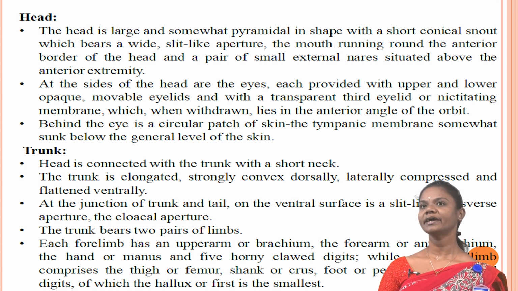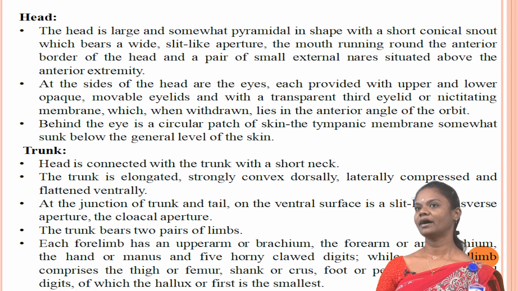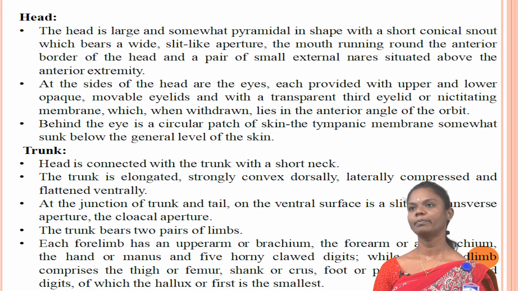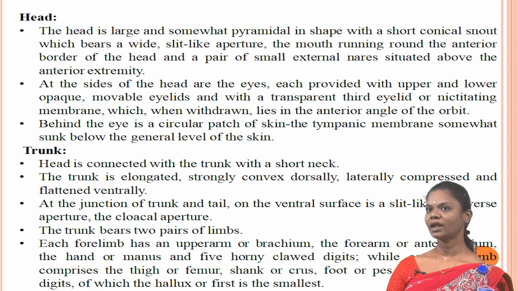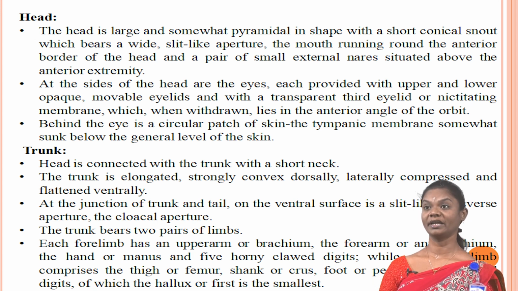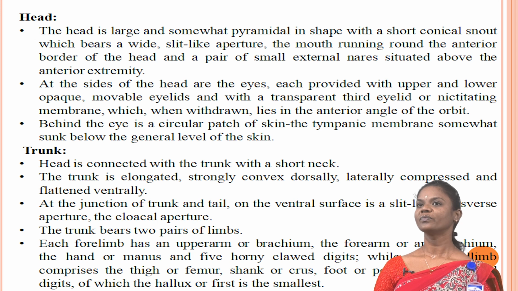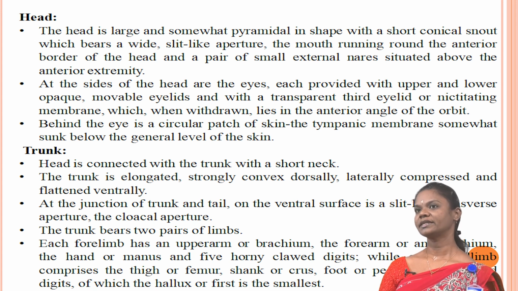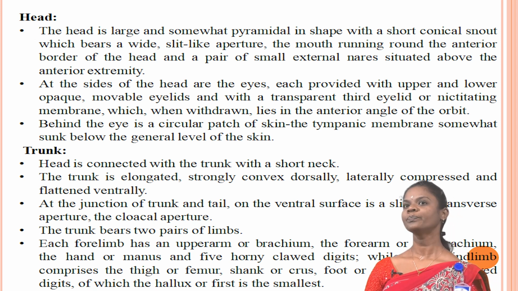At the sides of the head are the eyes, each provided with upper and lower eyelids and a transparent third eyelid, or nictitating membrane, which when withdrawn lies in the anterior angle of the orbit.